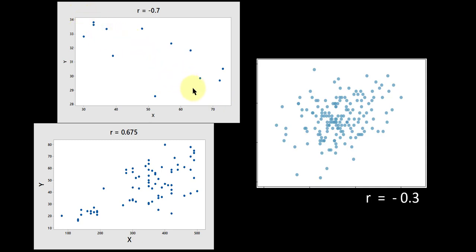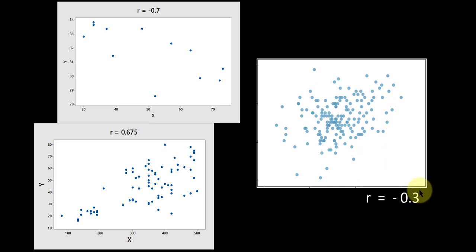So that's what 0.7 is like. Let's consider this one on the bottom. This shows positive 0.675. And so we see a positive relationship, and there's a little bit more spread in the dots. Over here for big X's, there's actually a lot more spread than over here for the small X's, and that's kind of problematic. But overall, if there was a line, there's a bit more spread or variability about that line.